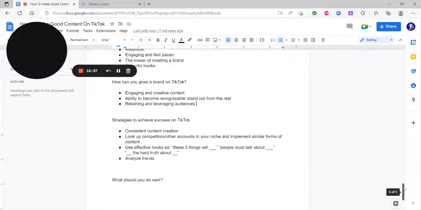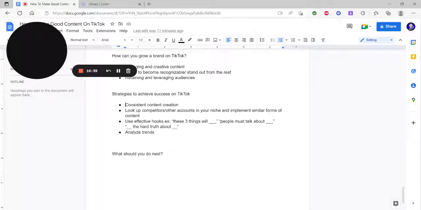So now here are just some strategies that you can implement. Again, consistent content creation. Find ways you can make content not only at a consistent rate, but that is also unique, where you stand out, you're recognizable, and you can retain your audience, because retention is key, and not a lot of people really talk about that.